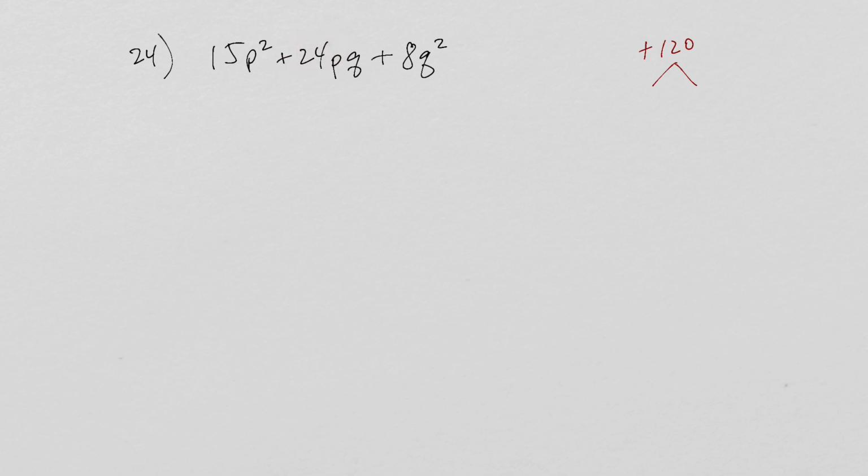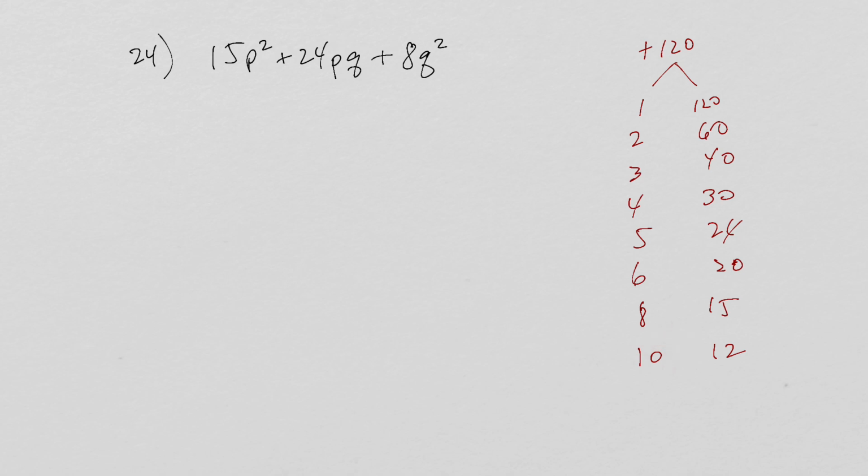I just did these same factors, but I'll do them again. 1 times 120, 2 times 60, 3 times 40, 4 times 30, 5 times 24, 6 times 20, 8 times 15, and 10 times 12. And I'm trying to add up to 24. None of these add up to 24, unless I'm missing something. Nope. So this is prime.